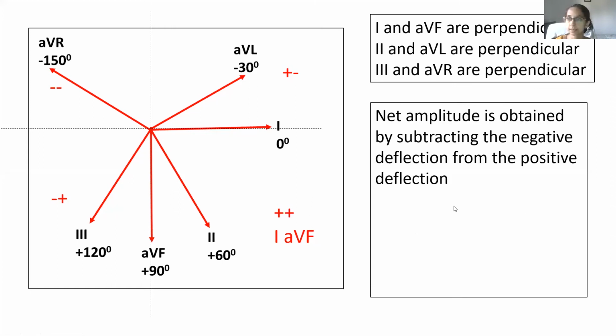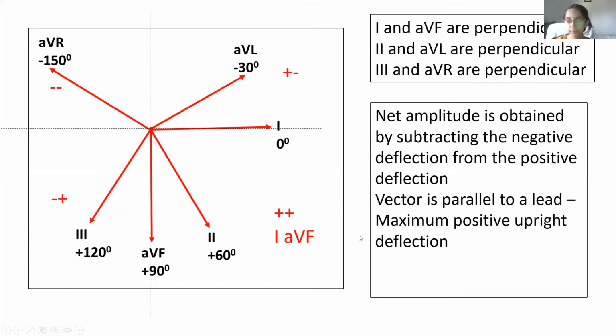So with this understanding, how do I get the net amplitude of QRS? My QRS will have a positive deflection and a negative deflection. So I will subtract the negative deflection from the positive deflection. For example, if I have a negative deflection of 3 millimeters and a positive of 7, my net amplitude will be 7 minus 3, which is 4.